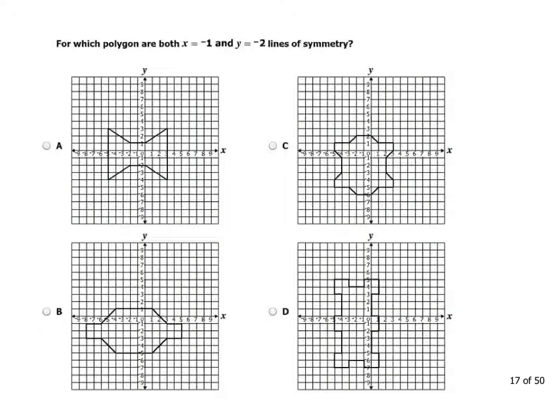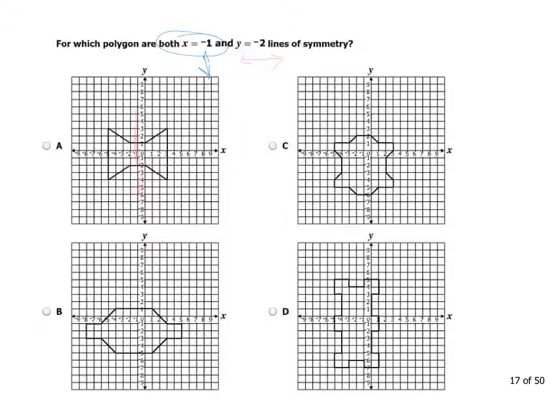Okay, this will be the last one for this video. X equals -1: those lines go up and down. And y equals -2: those lines go across. So let's find -1, it is right here, and this line will go up and down.